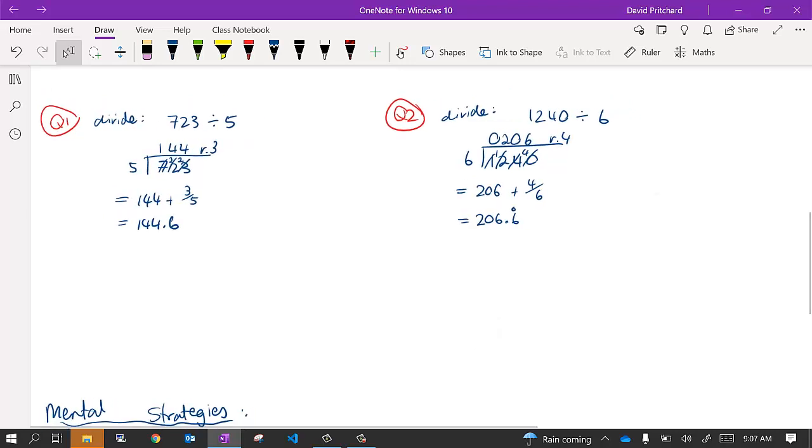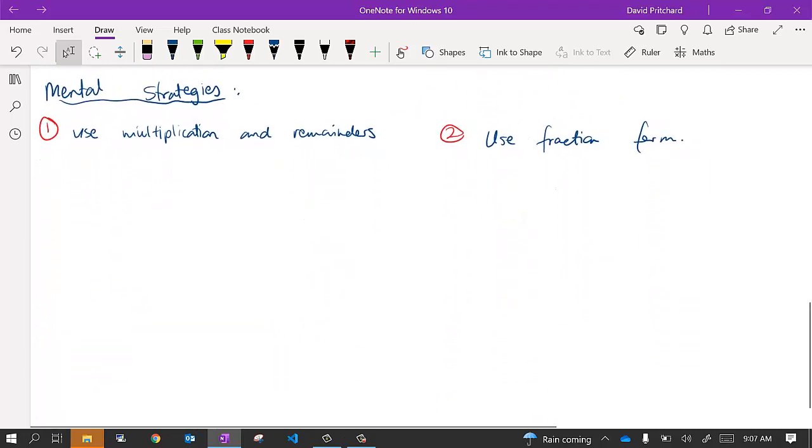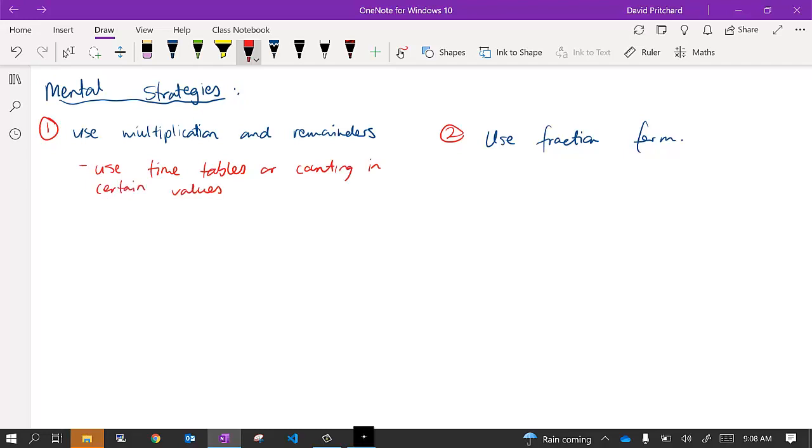All right, so now we're going to look at mental strategies, and I'm just going to focus on 2. These are my 2 favorites. So mental strategies, we want to use multiplication and remainders, and the second one, we can look at a fraction form if it's a big one. So using multiplication and remainders is basically we want to use our times tables or counting in certain values to work out how many times a number can go into another number.